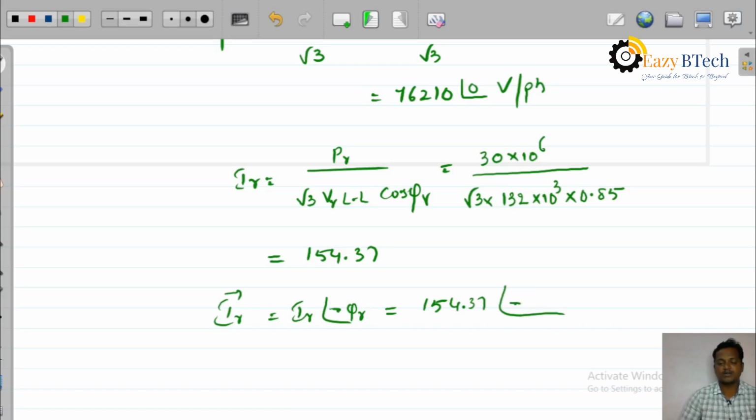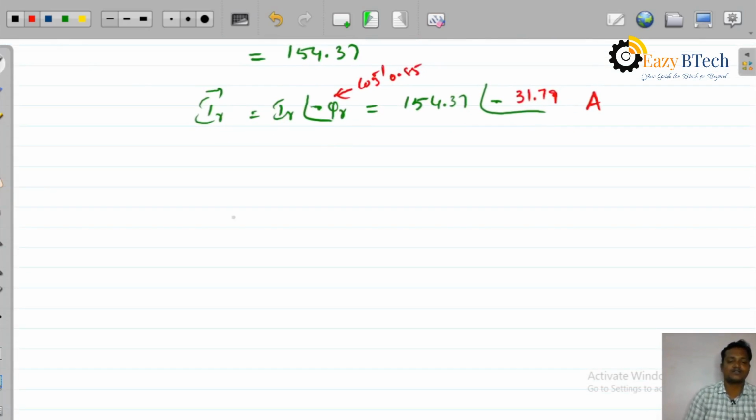How can I calculate this phi R? Phi R is nothing but cos inverse of 0.85. You get this value equal to 31.79 degrees. Okay, now I can calculate the Vs.